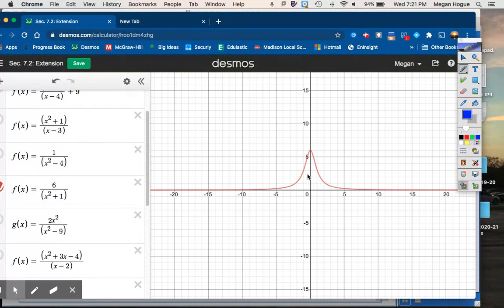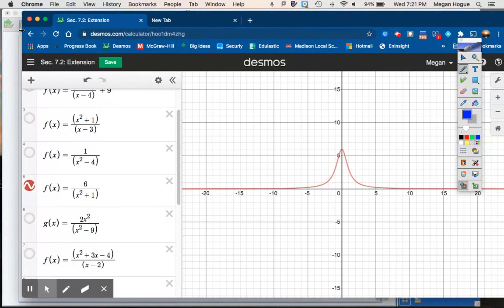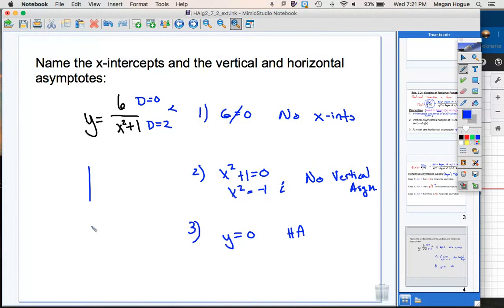And there it is. I go back over here and make my sketch. It's going along, it's got that little hump, and look, there's that asymptote along y equals 0. That's the only thing I was really seeing. It doesn't have a vertical asymptote, and it doesn't have any x-intercepts. Let's try another one.